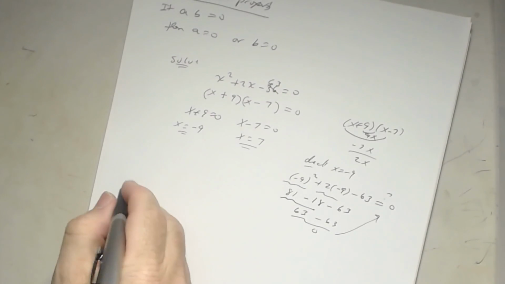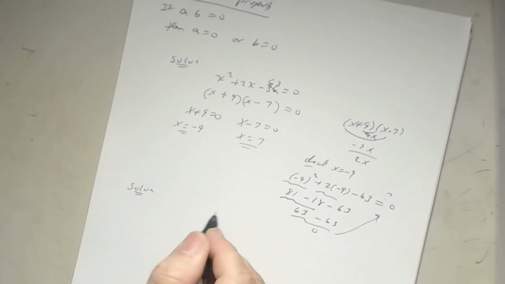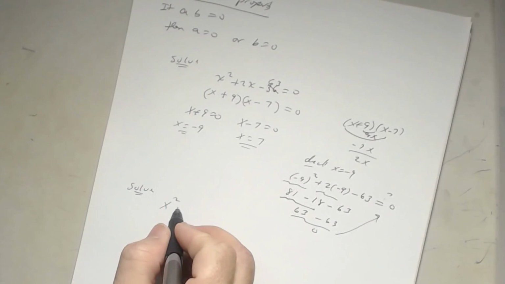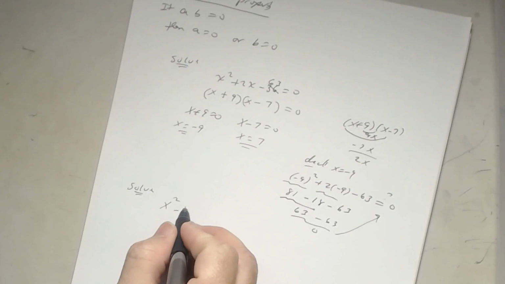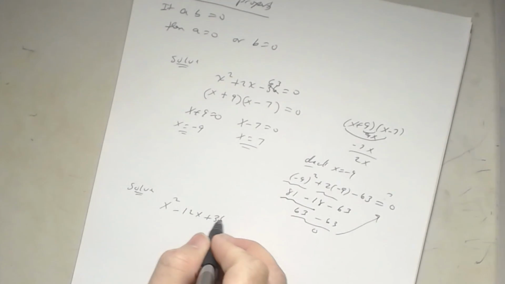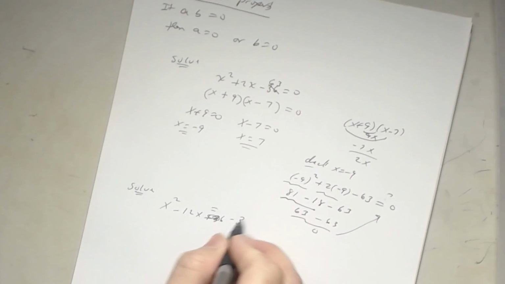Let's do this one. Suppose we had x squared minus 12x equal to negative 36. You've got to move some stuff around. What's step 1?